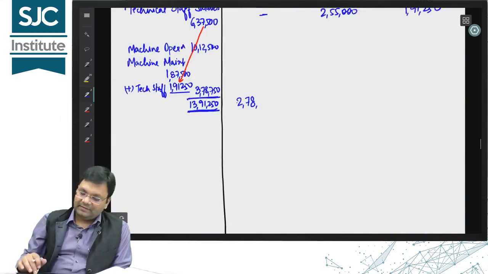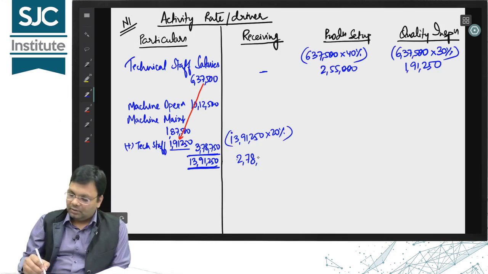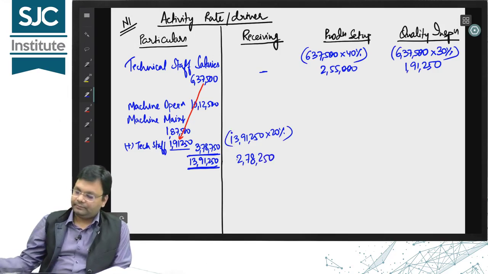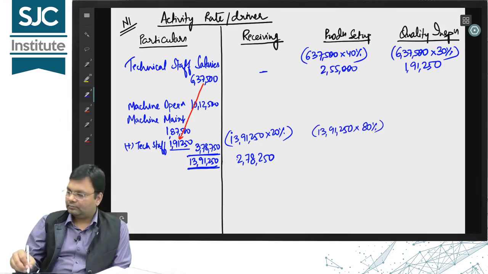So 20% of this is 1391,250 into 20%, 278,250, and then 1391,250 into 80% is 11,13,000.